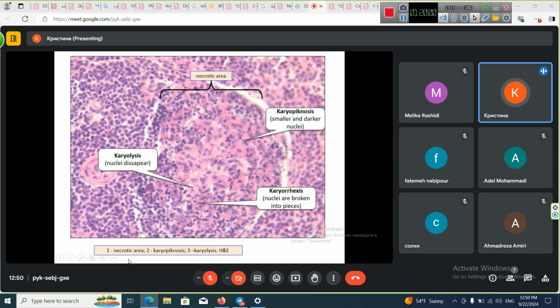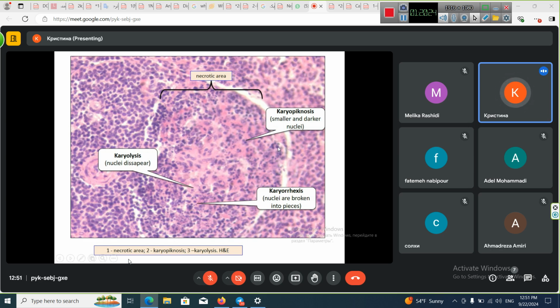So the same picture on the high magnification showing our follicle here. So necrotic area is all this follicle here. And what we see here, first, karyopyknosis is when cell nuclei become smaller and darker looking.